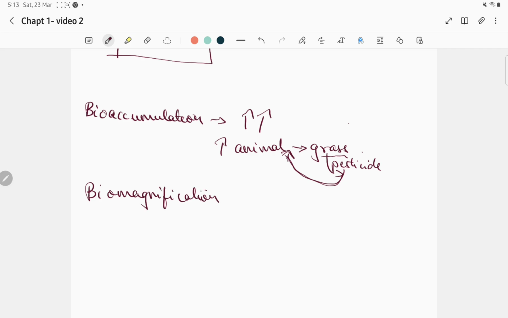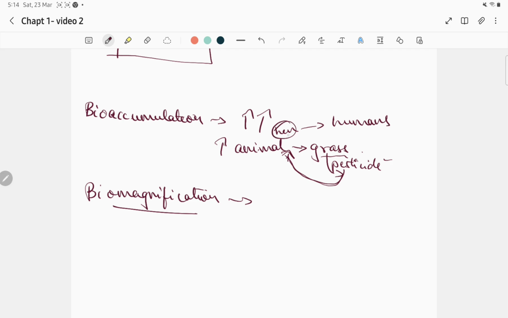Another terminology is biomagnification. In the first step we saw that grass has been sprayed with pesticide. Let me take a hen. The hen is eating it. This hen is eaten by humans.